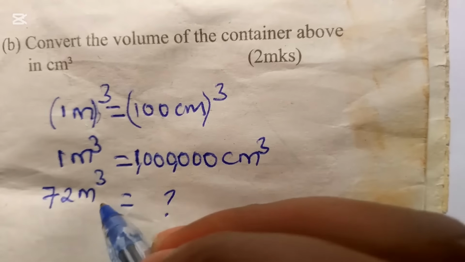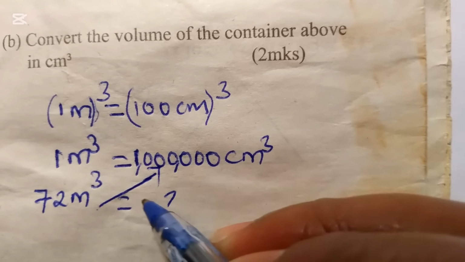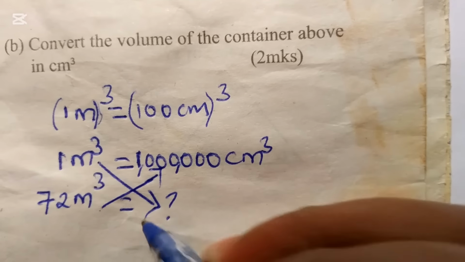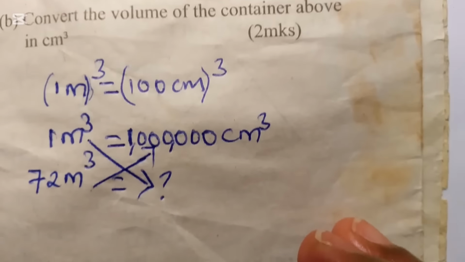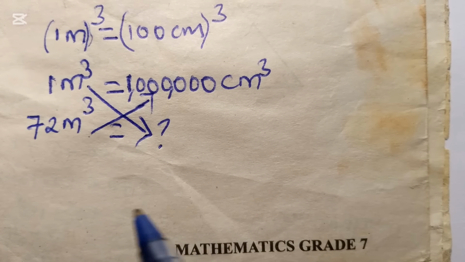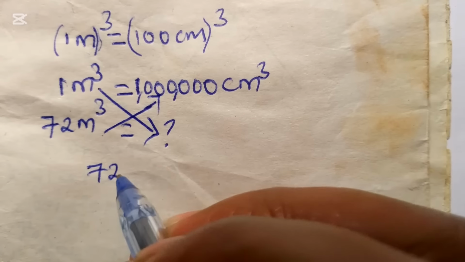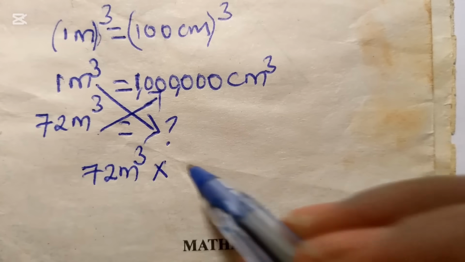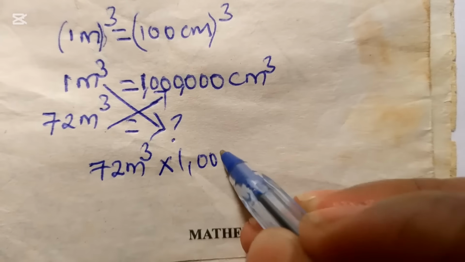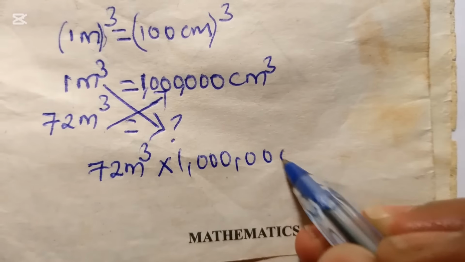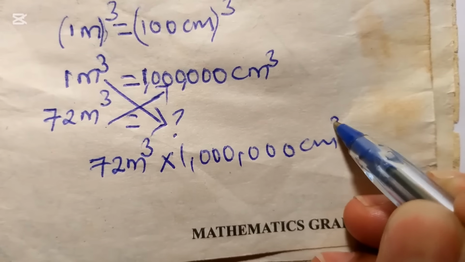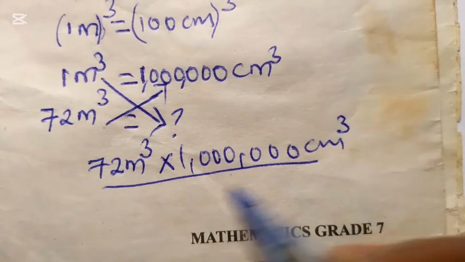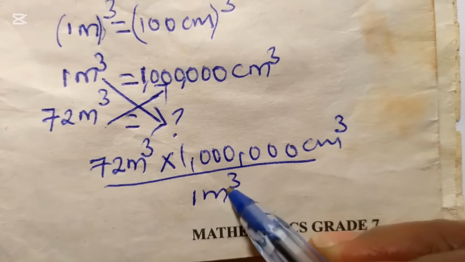So these are to be multiplied to this, and then we divide by that. This will be 72 cubic meters, multiplied by 1 million cubic centimeters divided by 1 cubic meter.